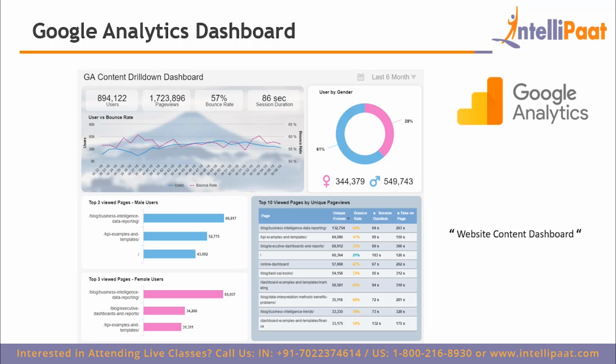Guys, you can do any sort of customization. You can view with respect to age as well. You can get the unique viewers, bounce rates, session duration, the amount of time that people spent on your particular website, the time people spent on that particular web page of that website, and so much more, guys. So this is a website content dashboard, and it would look something like this.